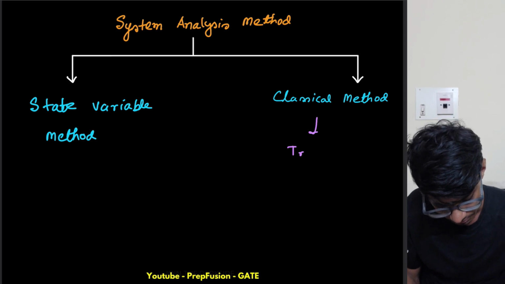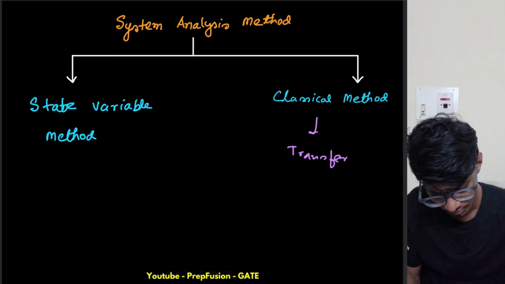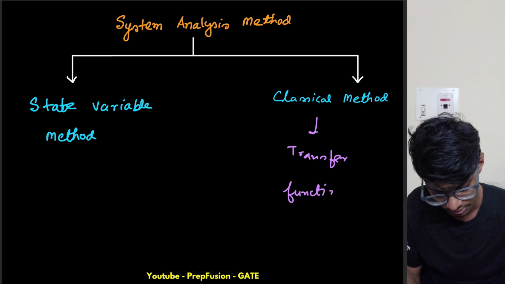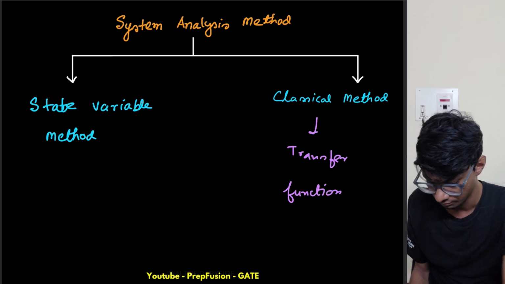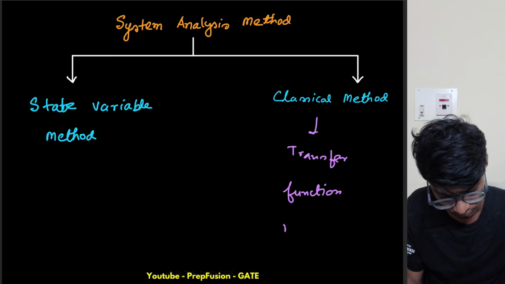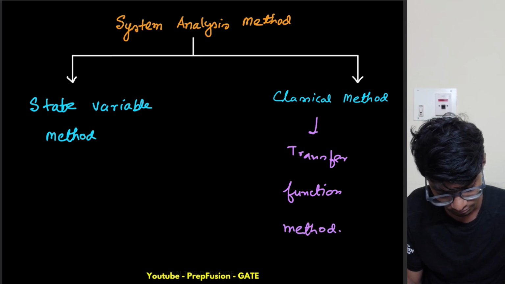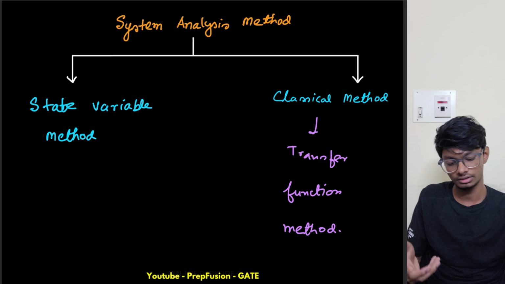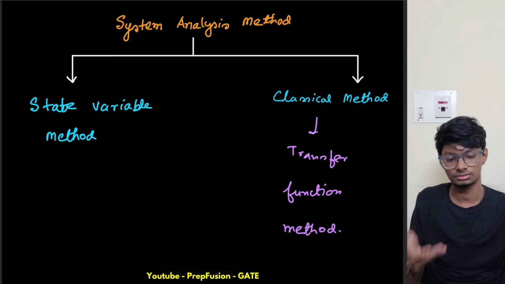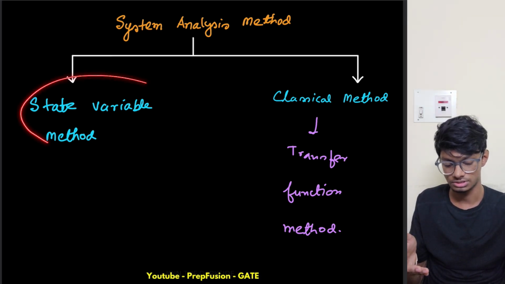So why am I using the state variable method? There must be some limitations in the transfer function method.